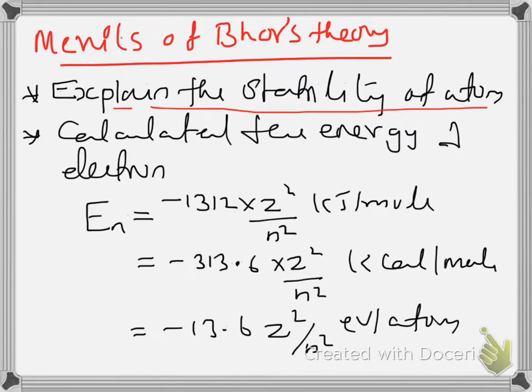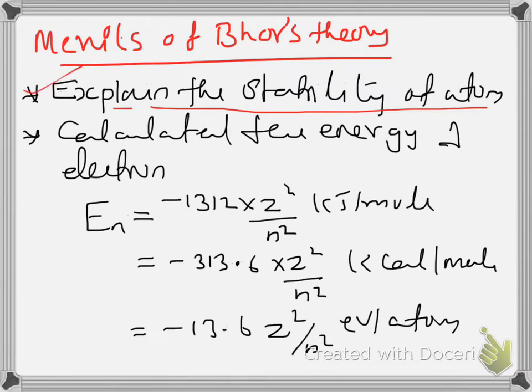So there will be no possibility of the electron falling into the nucleus, which leads to the collapse of the atom. Such a situation is effectively prevented by the Bohr model. That's why we say that he successfully explained the stability of atom.